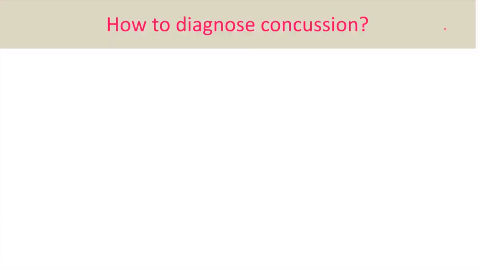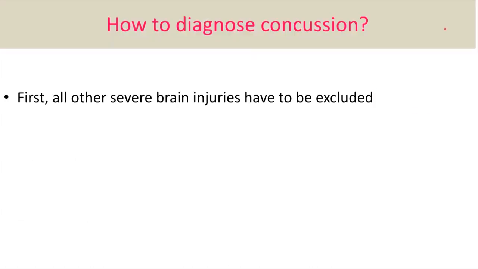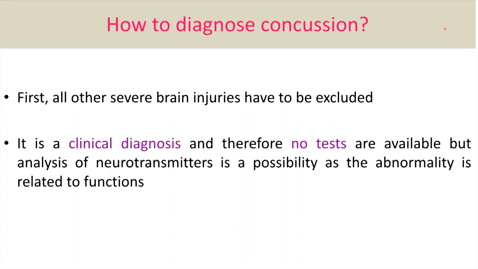How to diagnose concussion? First of all, we have to exclude severe brain injuries. Since it is a clinical diagnosis, no tests are available, but analysis of neurotransmitters is a possibility as the abnormality is related to functions. Sometimes BHT notes will be helpful.